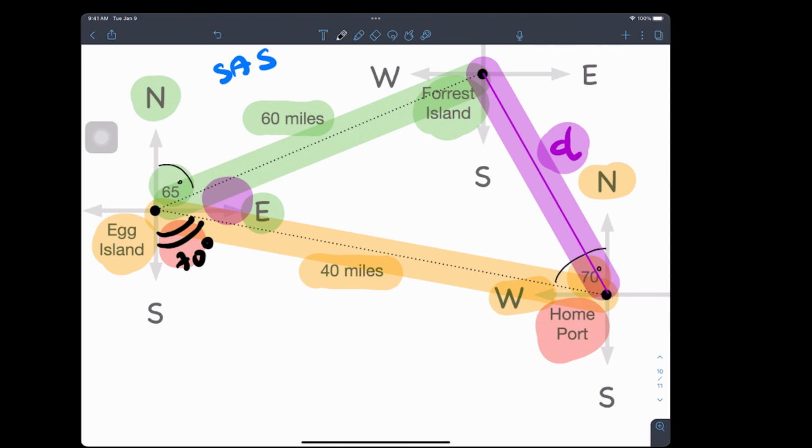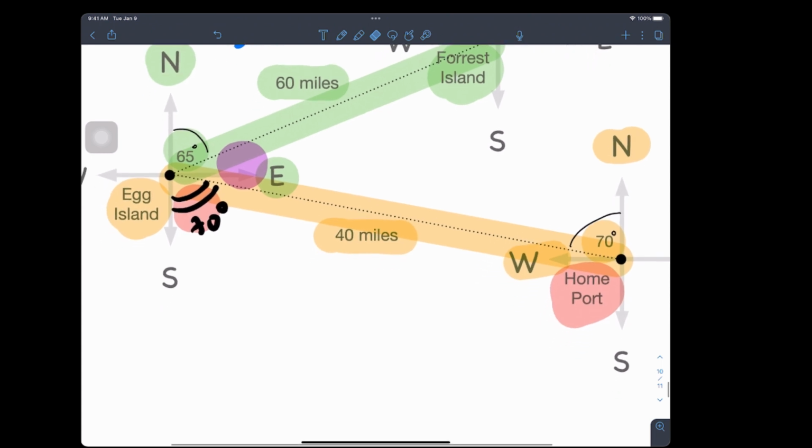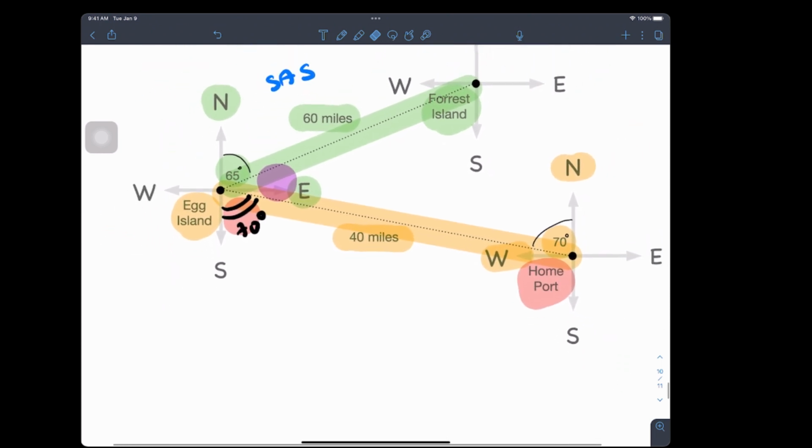Because I would say to you it does measure 70. How do you know it measures 70? Let me do something like this for the moment. I'm going to erase this here, maybe it's easier to see. The claim is this measures 70.